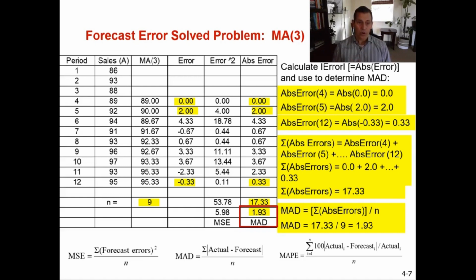Again, where you'll go wrong on this one is you'll just take all of the errors and you'll forget to take the absolute error, and instead of it being 17.33, it'll be something like 15 or 15.5. And then when you divide that by 9, you'll get the wrong answer. So make sure when you're doing this that you get the absolute error. So our mean absolute deviation is 1.93 for the 3-month moving average.